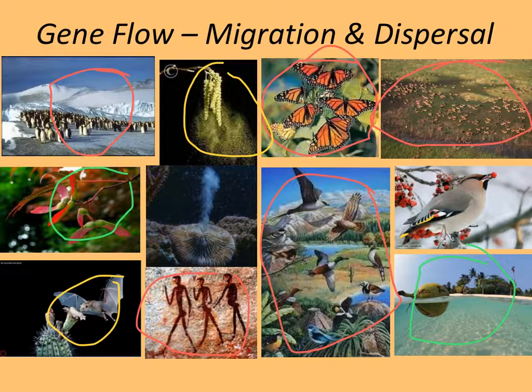And this could be sperm or eggs being released from coral. Looks more like sperm, but could be eggs too. They release them simultaneously.